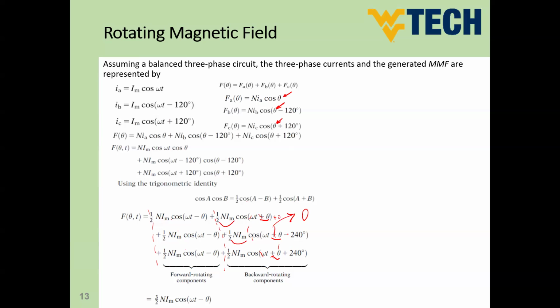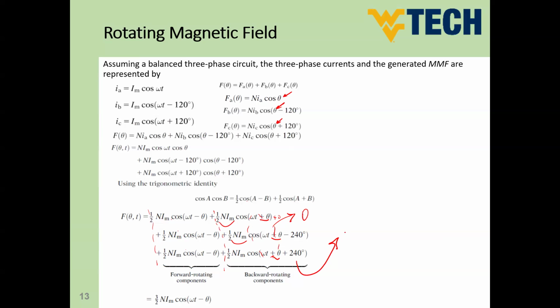If you have 3 vectors shifted by 120 degrees and having the same magnitude, the summation is going to be 0. So this means the backward flux is eliminated because the phase shift between the 3-phase windings is 120. If the shift is not 120, this will not lead to 0.